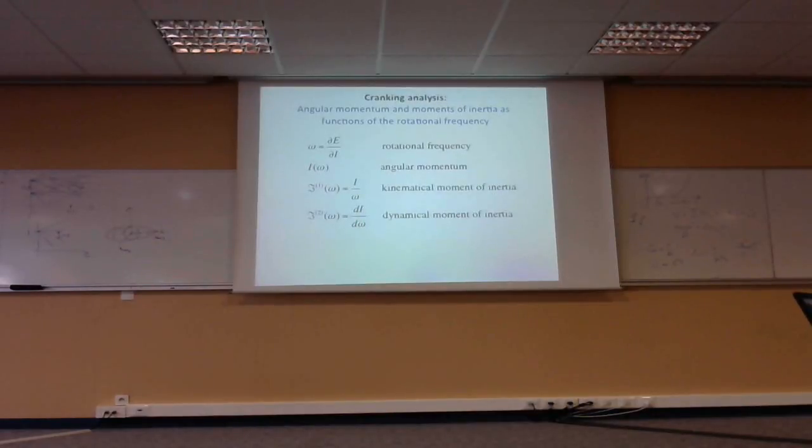Okay, so we look at data experimentally, and we usually give you a moment of inertia, I1, which is the kinematical moment of inertia, or I2, which is the dynamical moment of inertia. Now, those of you who are versed in classical mechanics will immediately realize the connection of these to mass.